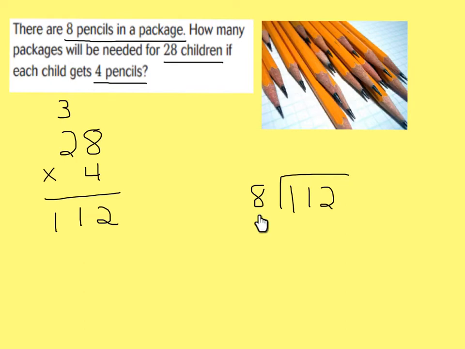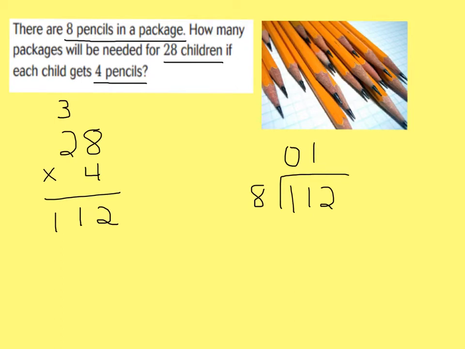Okay, so I know 8 goes into 1 0 times, so I'm going to put a 0 right here. The next thing that I do is I'm going to look at the 11 because I'm going to divide 8 into 11, which I know 8 goes into 11 one time. Now I'm going to multiply.